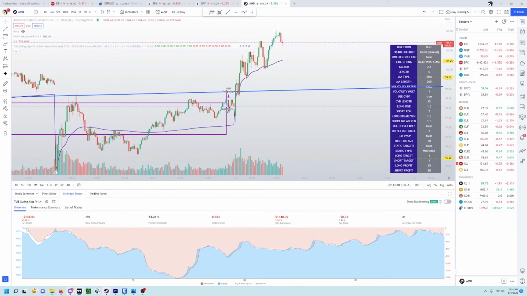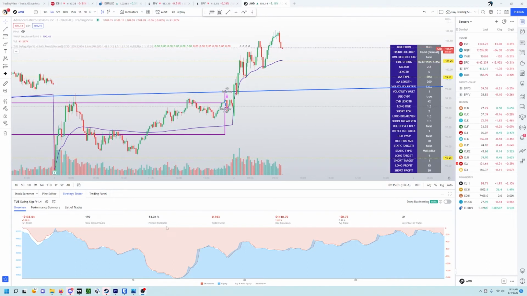It's pretty easy. Net profit right here, total closed trades. This number does include take profits, so keep that in mind. The percent profitable is going to be how many total closed trades are profitable, and the profit factor. Profit factor is very important because it tells you how large your winning trades are compared to your losing trades.